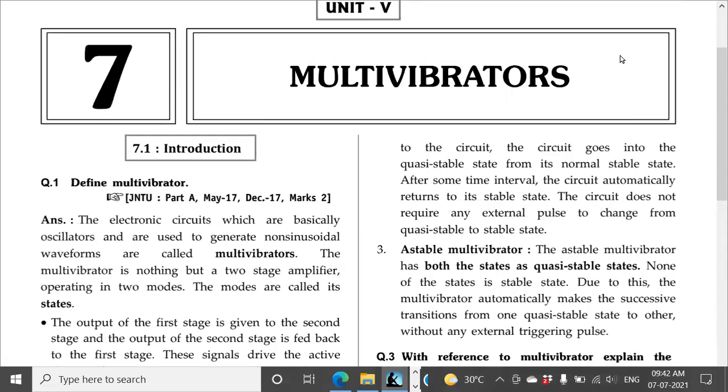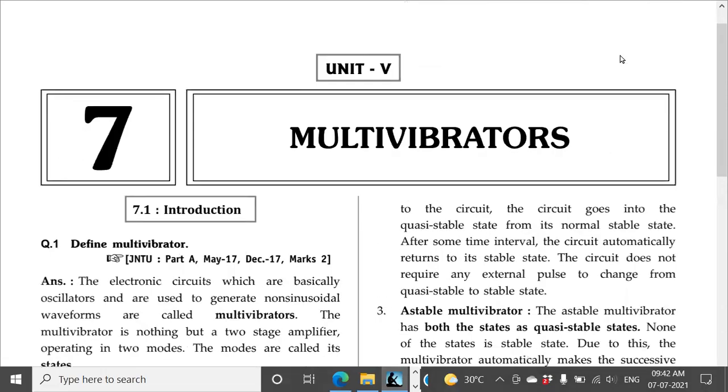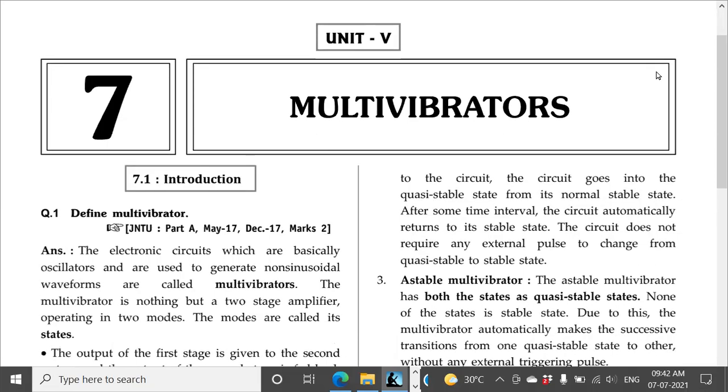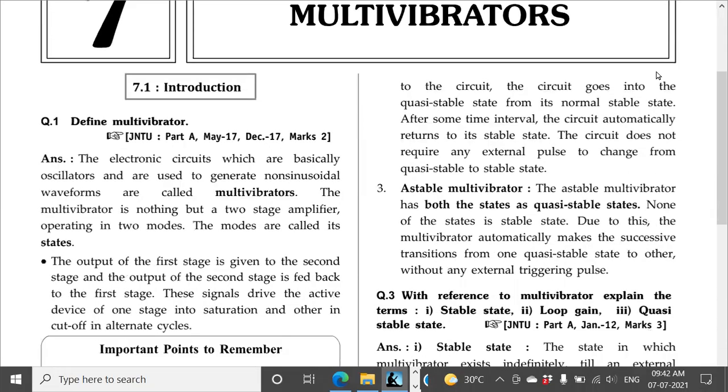Next, astable multivibrator, how many stable states, students? No, monostable is 1. Actually in an astable multivibrator you don't have any stable state: 0 stable states. You know low and high.